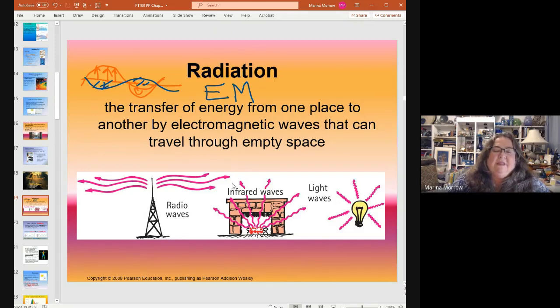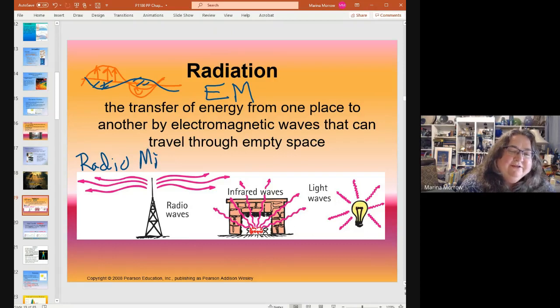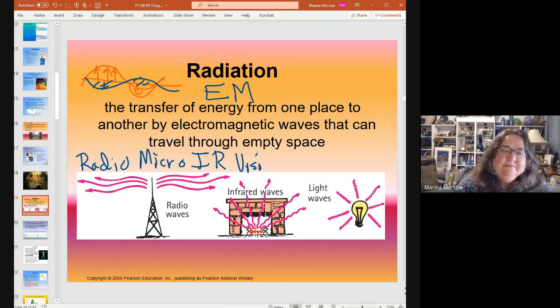So there are various types of electromagnetic waves. There are radio waves, and then there are microwaves, right? So you cook your food with microwaves. Then there are infrared rays, and then visible light waves, going from red to violet.